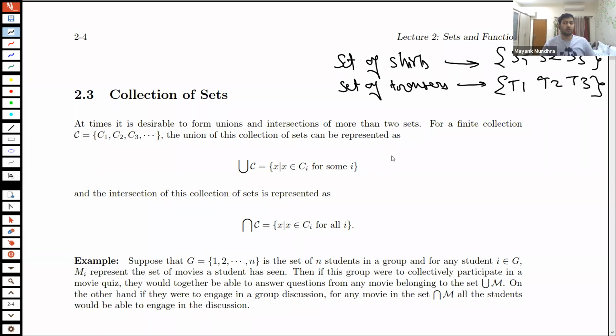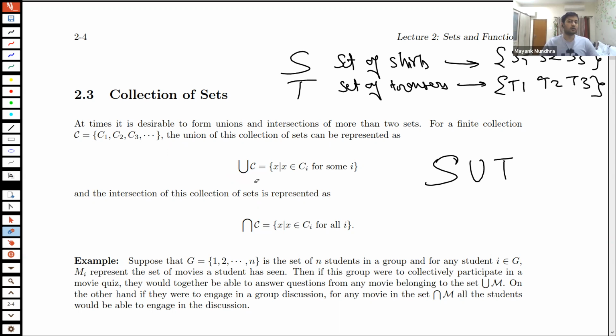Everything that I actually pack will be a collection of shirts and a collection of trousers. Suppose I decide to pack everything, all the shirts and all the trousers. Let's say this is set S and this is set T. The suitcase that I pack for Goa will be set S union set T. That is going to be a union of a collection of sets.